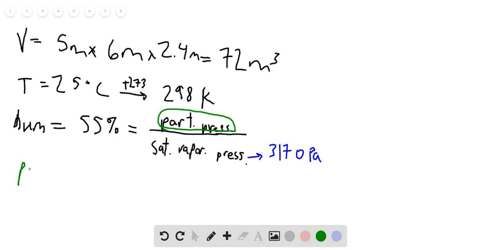We have partial pressure, which is the actual pressure of water only, to be 55% times 3170 Pascal. This is 1744.